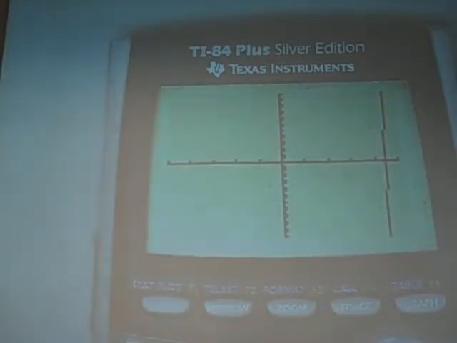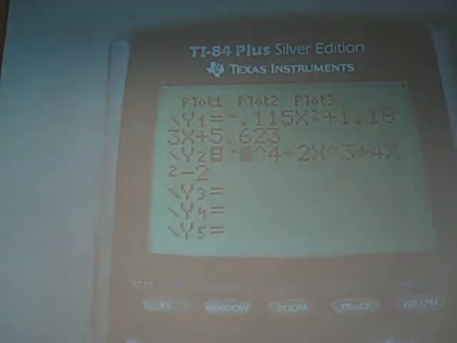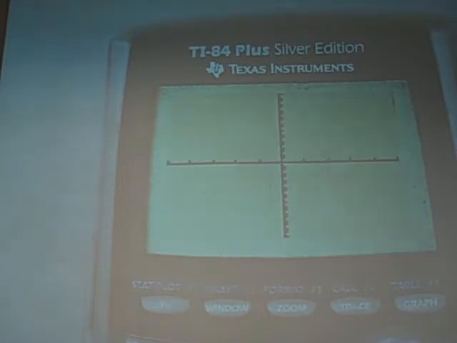Make sure I put this in right. Ah, that's the problem. Negative x to the fourth plus 2x cubed plus 4x squared minus 2. Yeah, if you put the equation in wrong, that's going to make a big difference. Right, so that looks a little bit better.